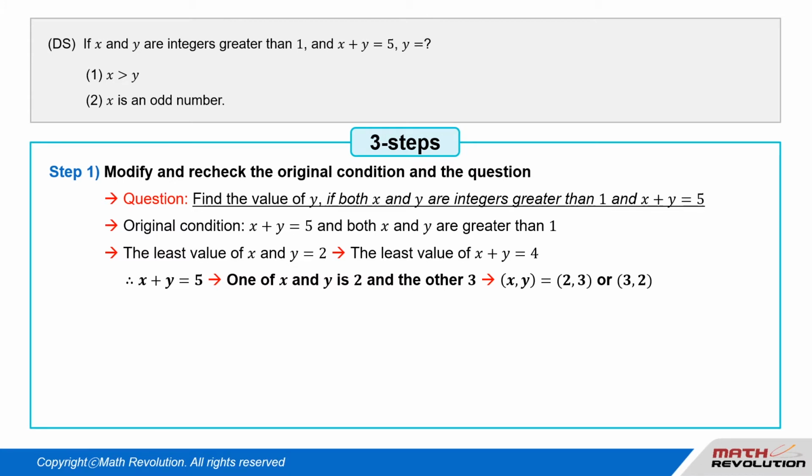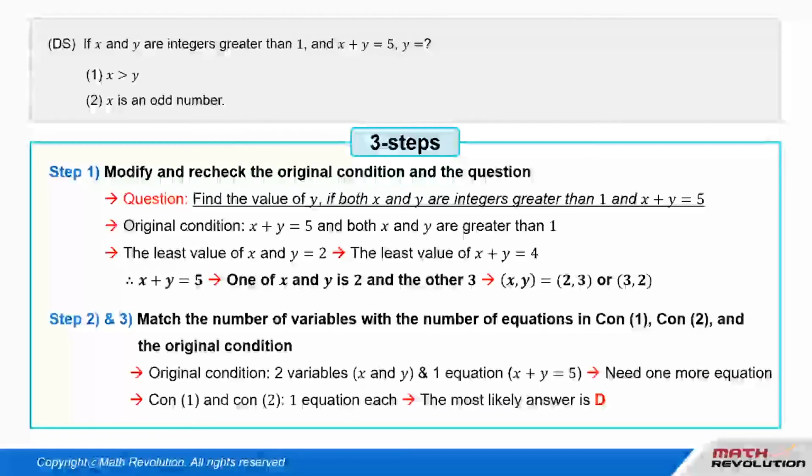So, x plus y equals 5 means that one of x and y is 2, and the other is 3. (x, y) equals (2, 3) or (3, 2). If we know the value of any one of the two, we can answer the question.